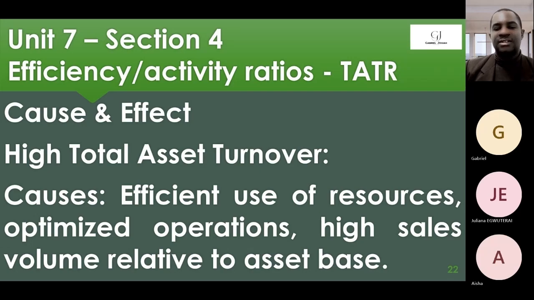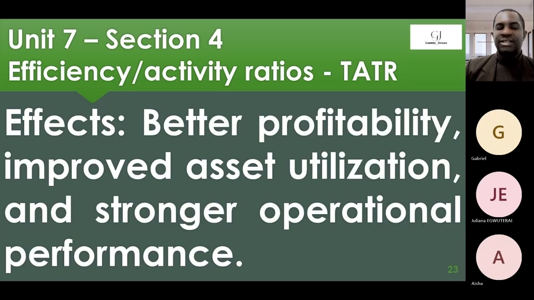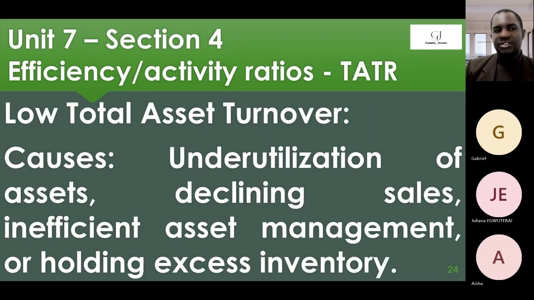So where you have high sales, high revenue relative to your asset base, the company is doing well, and the cost culminates in total assets turnover. And the effect is better profitability. Exactly. Improved asset utilization, stronger operational performance. These are the effects of a high total asset turnover above 1, 2, 3, 4 times the assets. If the results are that, it makes a lot of sense.